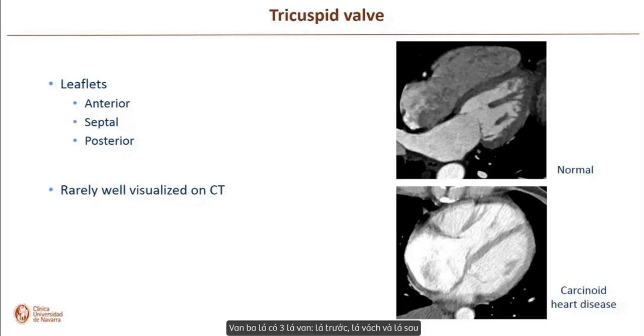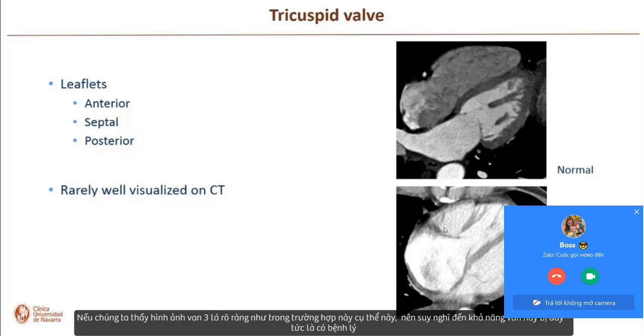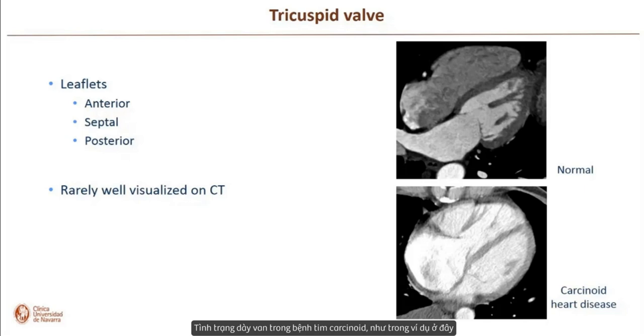The tricuspid valve has three leaflets, the anterior, the septal, and the posterior. The tricuspid valve is rarely well visualized on CT. When we see this valve, like in this particular case, we need to think that it's thickened and therefore diseased, as it can happen in carcinoid heart disease, as in the example that I'm showing to you here.